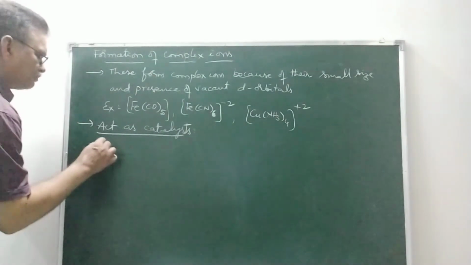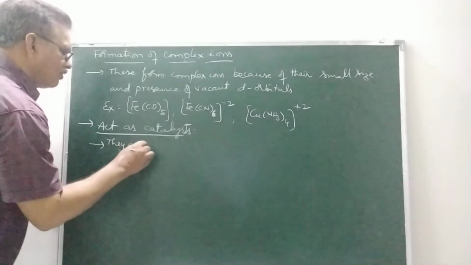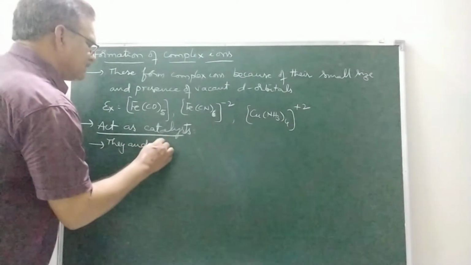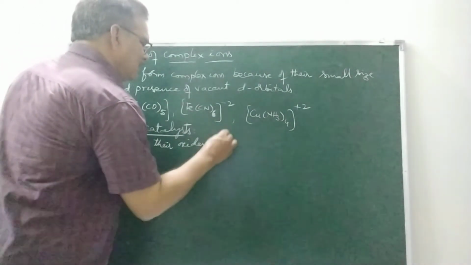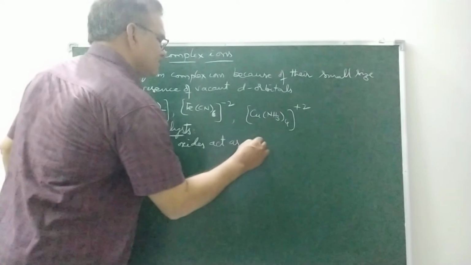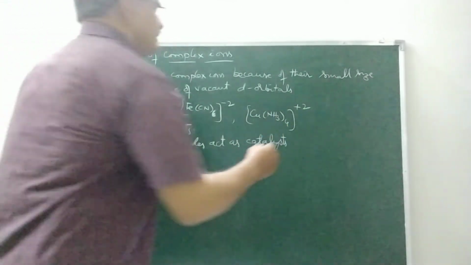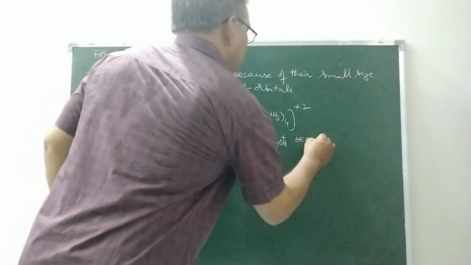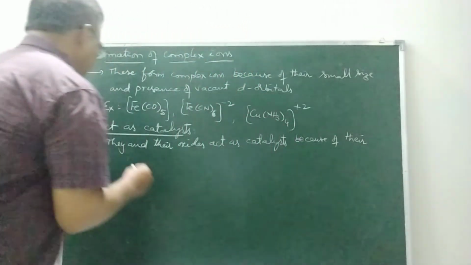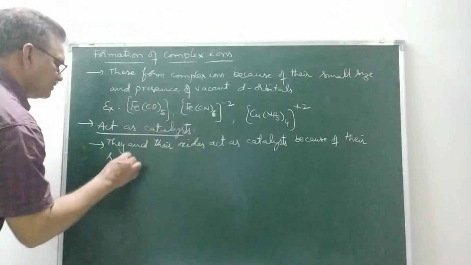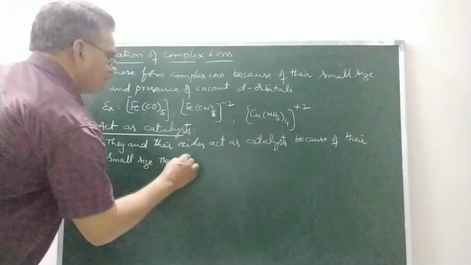So because of small size, d block elements and their oxides act as catalysts because they provide a large surface area.